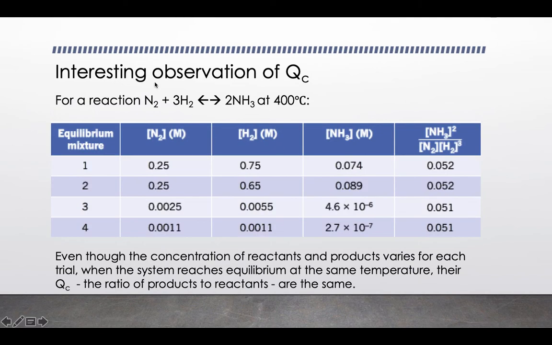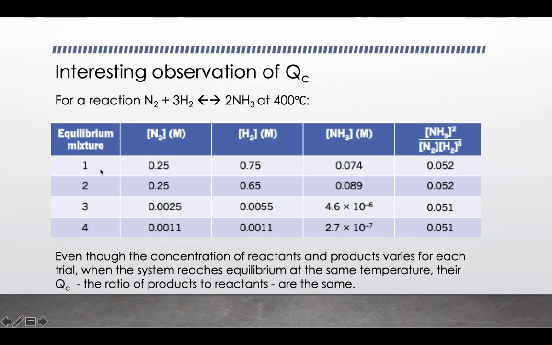There is an interesting observation of Qc. For a reaction to produce ammonia at 400 degrees, we have 4 different mixtures. This reaction is famously a reversible reaction; it is never complete. At 400 degrees, when it reaches equilibrium, there are 4 different equilibrium mixtures.